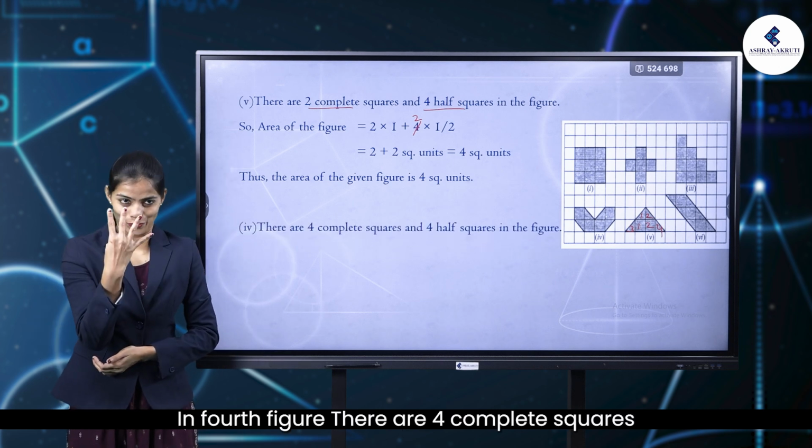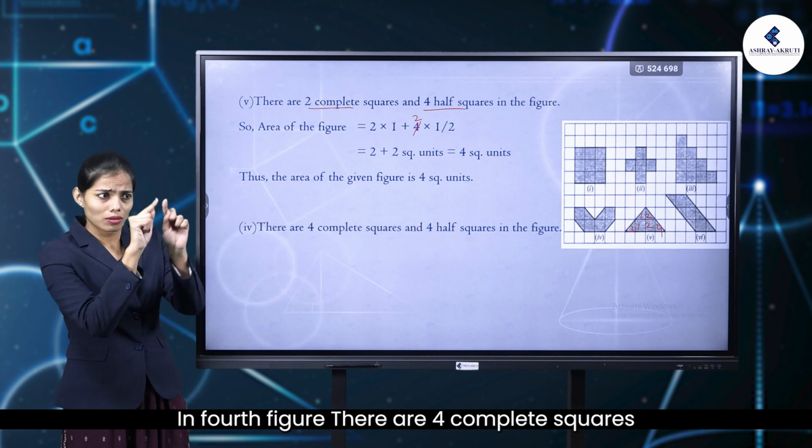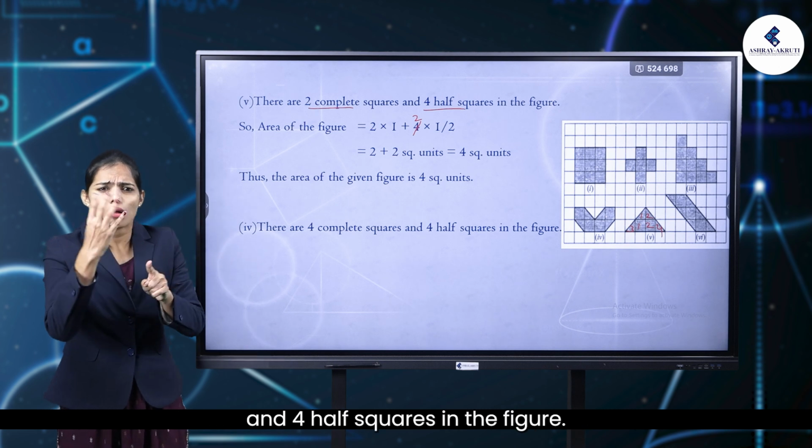In fourth figure, there are 4 complete squares and 4 half squares in the figure.